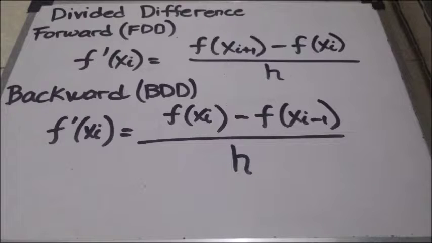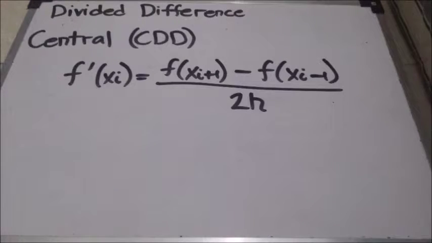For the backward divided difference, we have f(x sub i) minus f(x sub i minus 1) all over h. And for our central divided difference, we have f(x sub i plus 1) minus f(x sub i minus 1) all over 2 times h, or the step size.